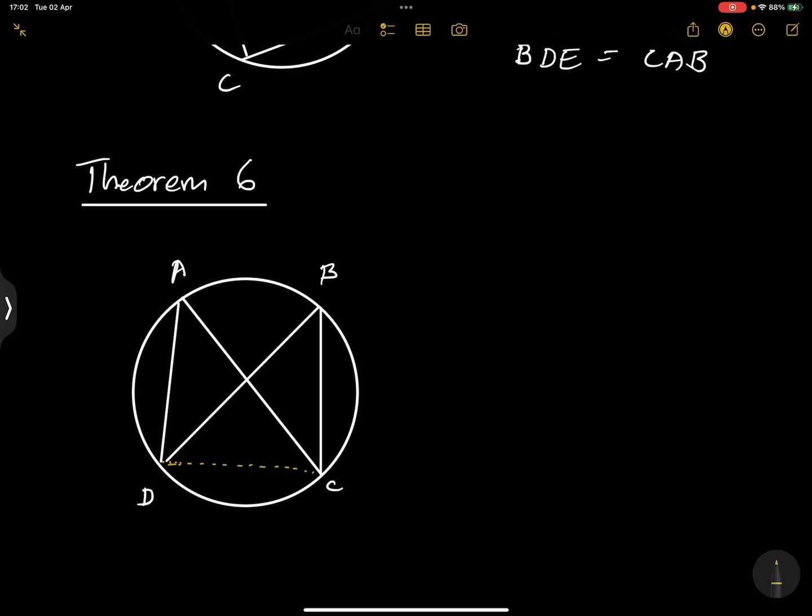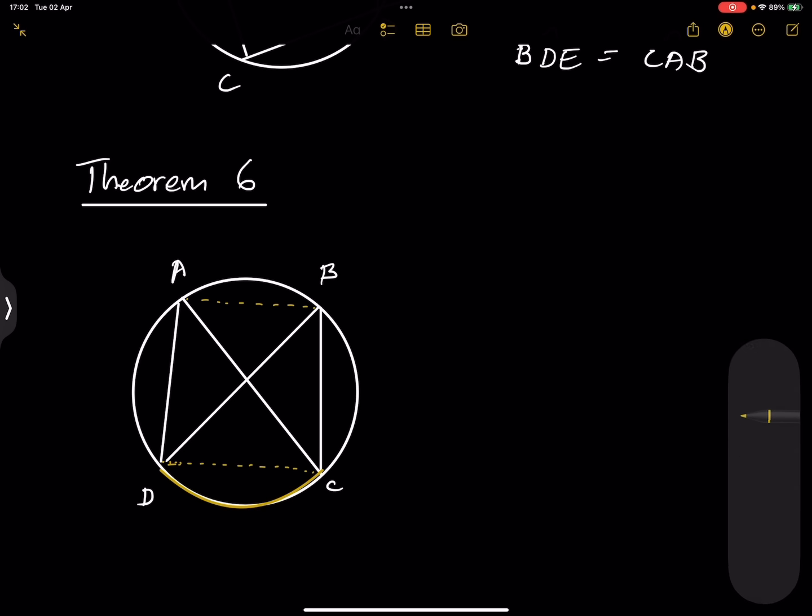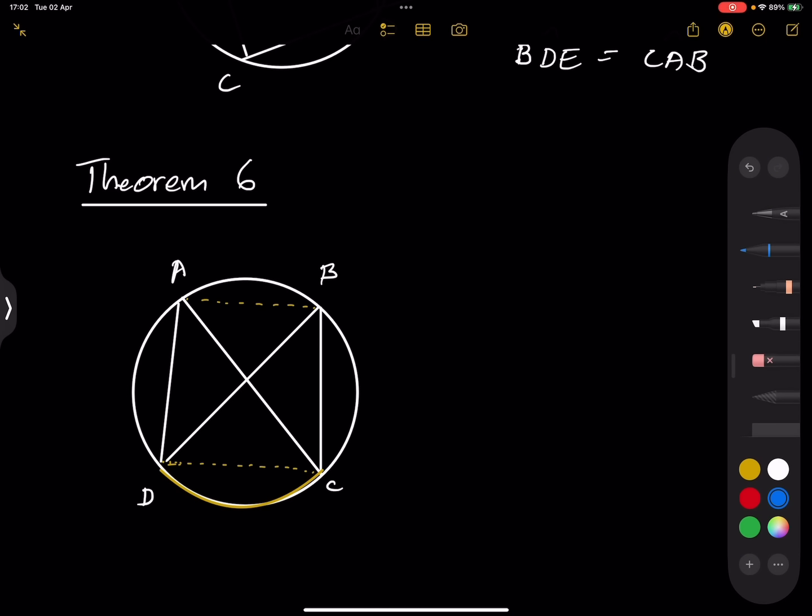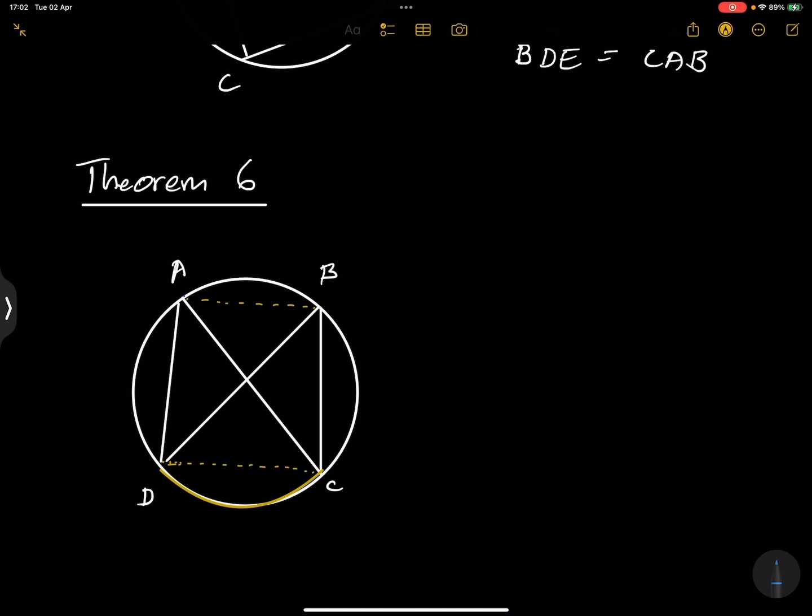So you can either use that imaginary line or you can say, well, here is what we call an arc. An arc is a part of the circle. So we've got another arc there at the top. I'm going to draw it in a blue color. So there is another arc over there.